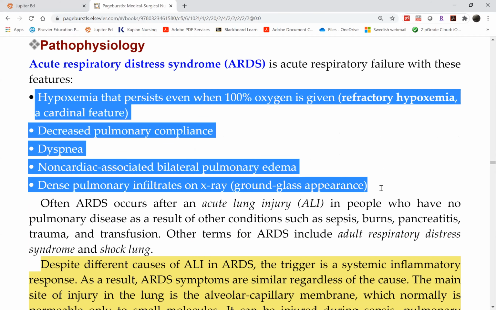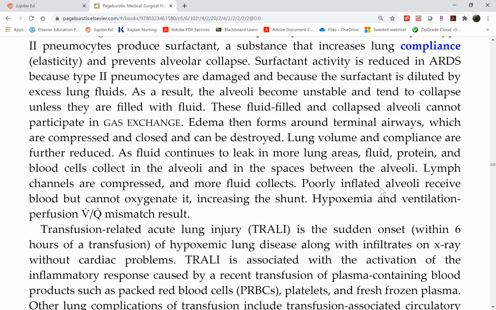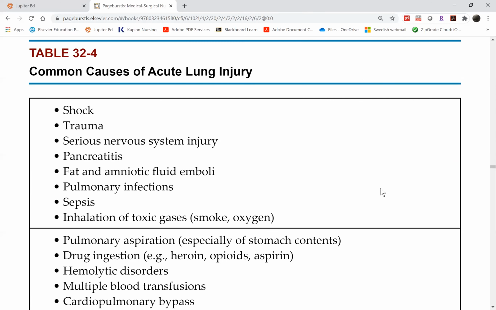And in the case of ARDS, these are your causes right here, table 32-4. You can now add COVID-19 here. COVID-19 leads to pneumonia, so that's now a pulmonary infection, and then you go septic, and then you have ARDS.